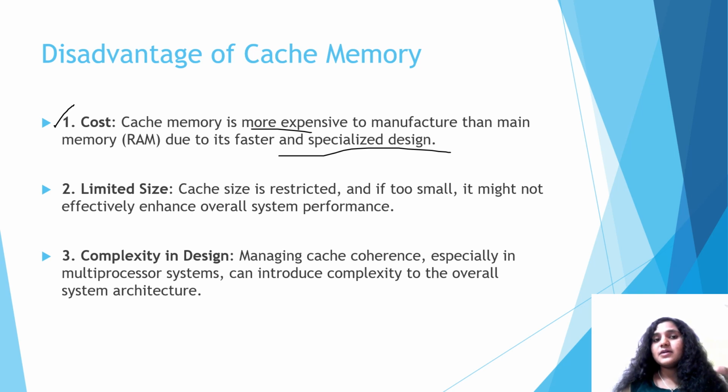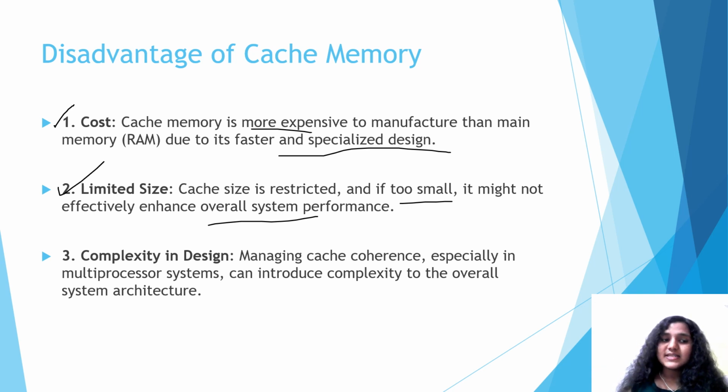The cost of the cache memory is much higher compared to the main memory, and it has a limited size. The cache size is very restricted and we cannot extend it. It is too small, so it might not effectively enhance overall system performance. It only enhances performance a little bit, like the access time, but not the overall performance of the system.